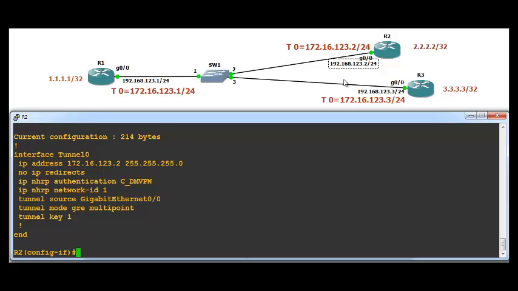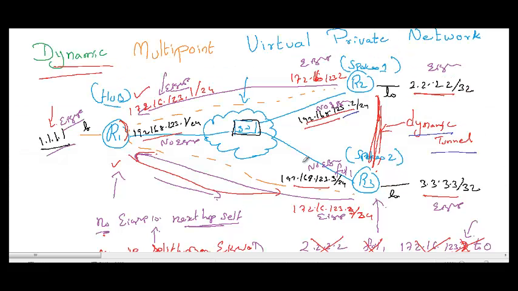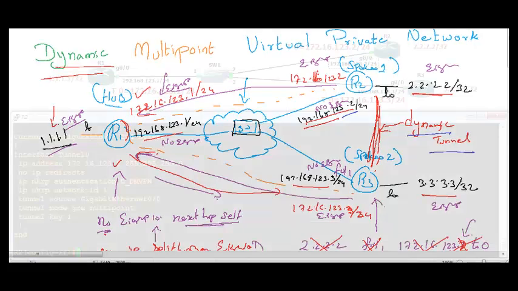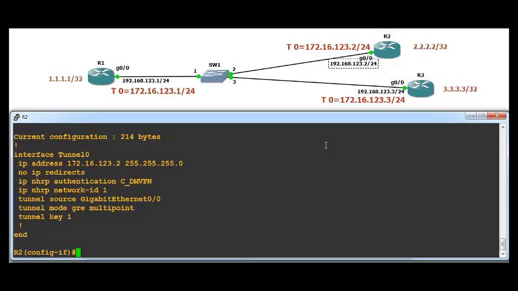Now, in another 3 lines, what is new on the spokes? Just 3 lines. I told you in the beginning, R2 will come and register statically with R1, and R3 will also come and register statically. For that, we need to tell R2 where 172.16.123.1 is.